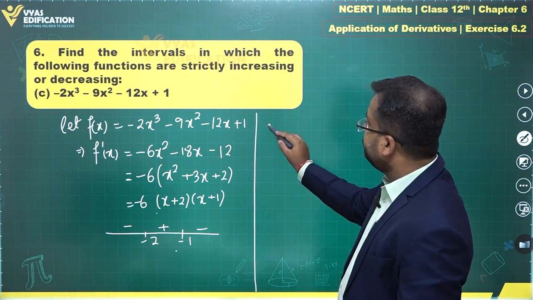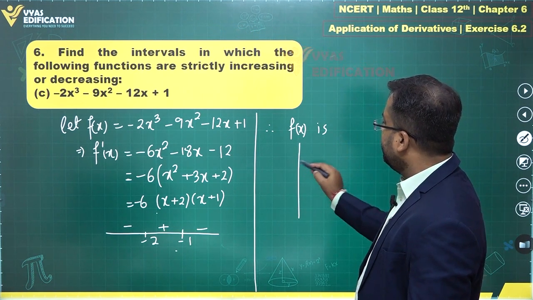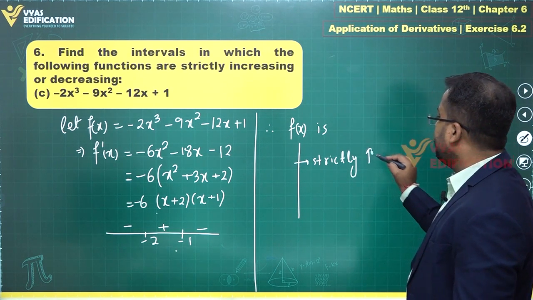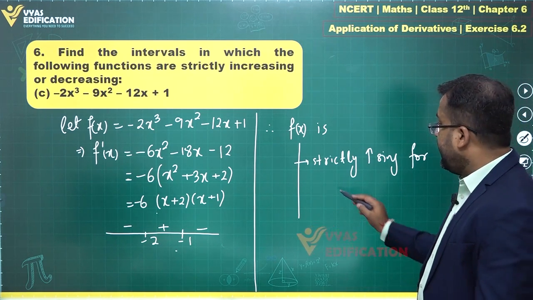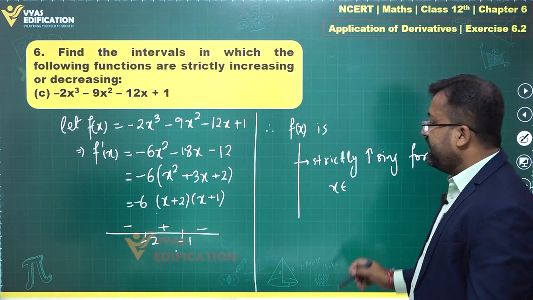And therefore, f(x) is strictly increasing for x belongs to (-2, -1), the interval where the derivative is positive.